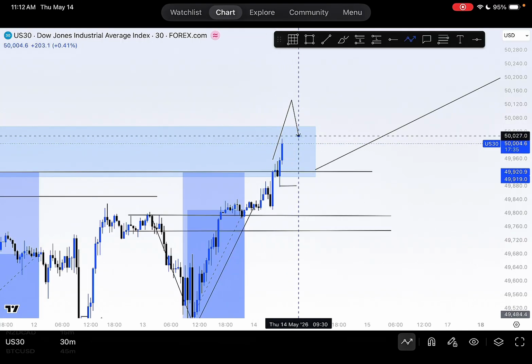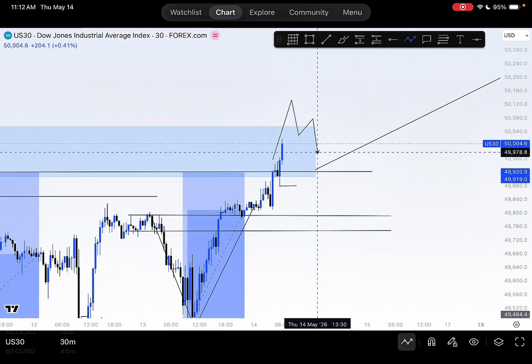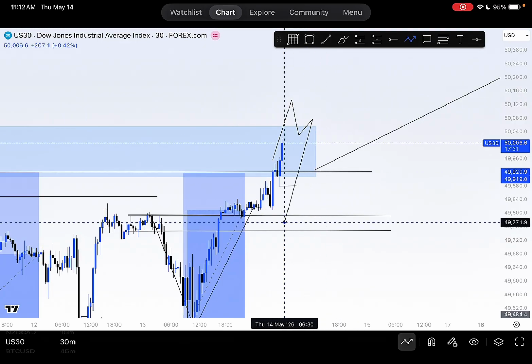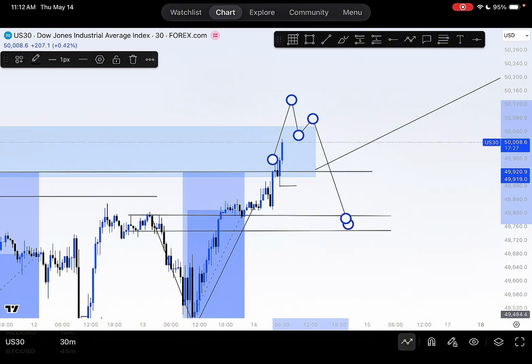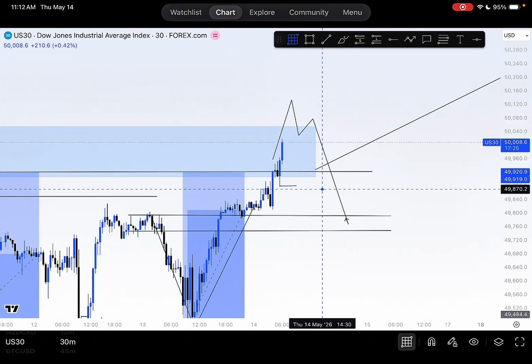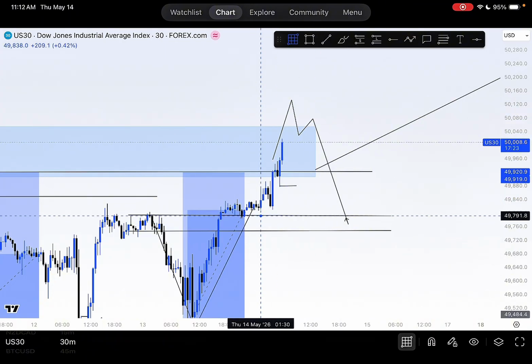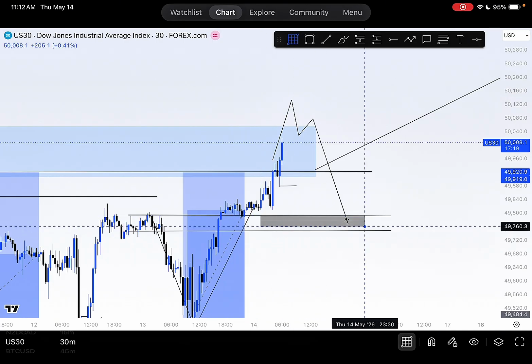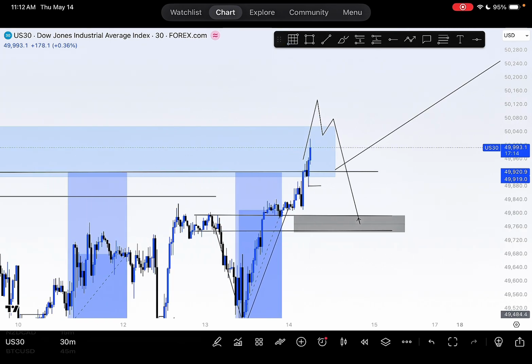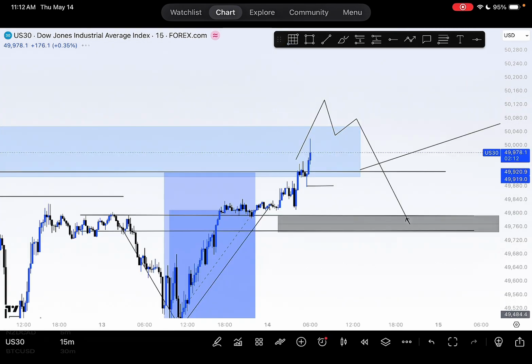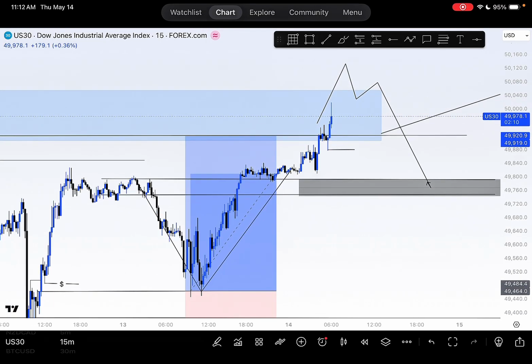But for me to continue buying, I expect to buy around this zone. This particular zone is where if I should buy, I'll buy around this zone, except I see a double break of structure, then I can jump into buying.